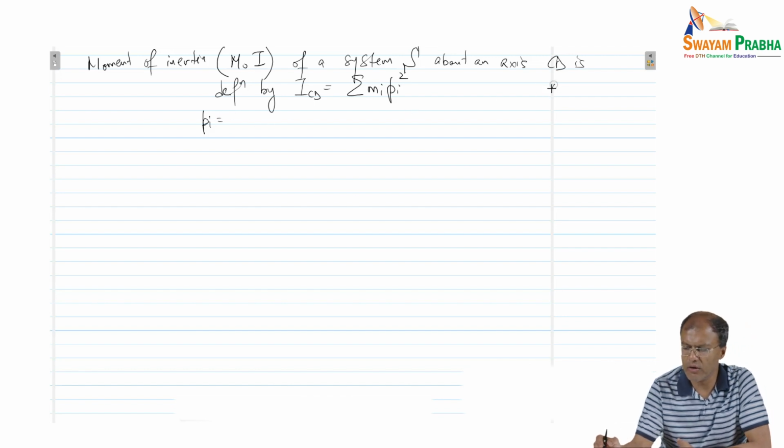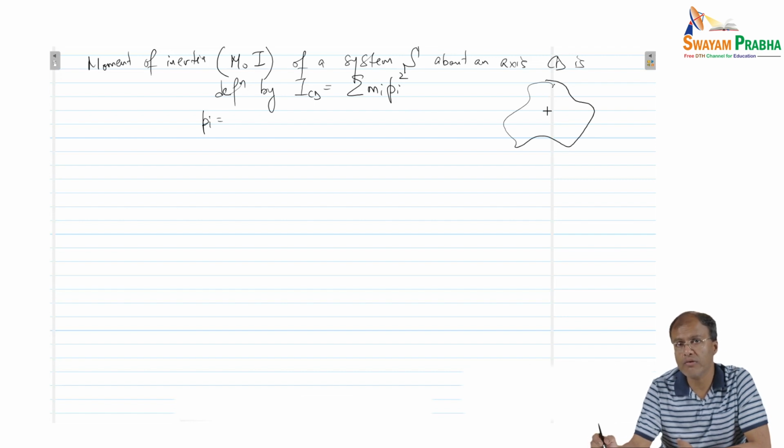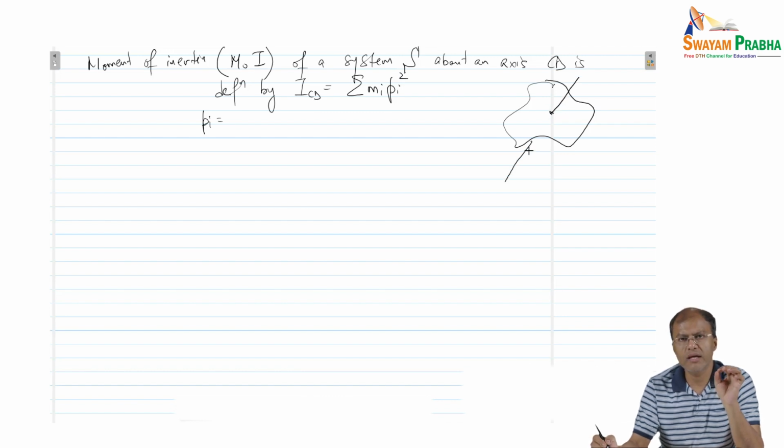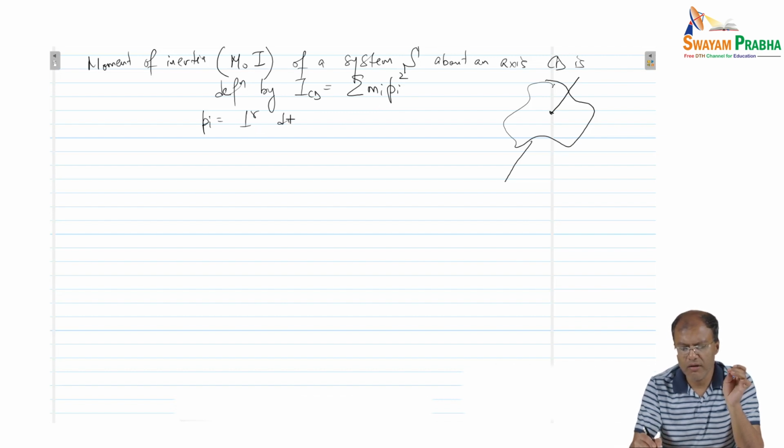So let us say we are talking about an object and we want to find the moment of inertia. The moment we want to find this quantity, we have to define the axis. See, moment of inertia has the same idea as that of a mass for a rotating body. So when we are talking about a rotating body, we need to talk about an axis, and from there we can talk about the concept of moment of inertia. So the moment of inertia is defined as summation m_i p_i square, where p_i is the perpendicular distance of the object with mass m_i from the axis.